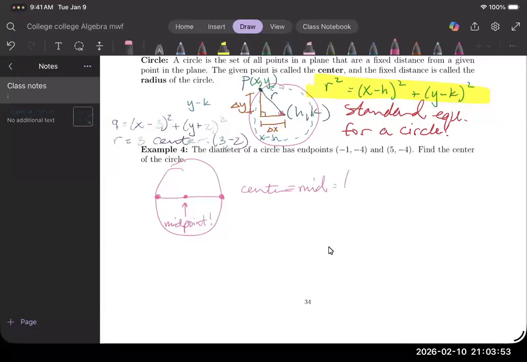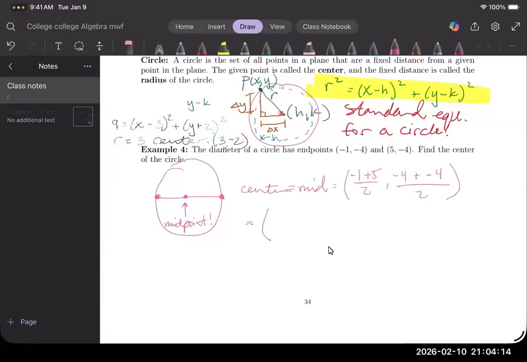From the previous video, that's x1 plus x2 over 2, so negative 1 plus 5 over 2, comma, y1 plus y2 over 2. It's just the average of the two points, the average of the x's and the average of the y's.